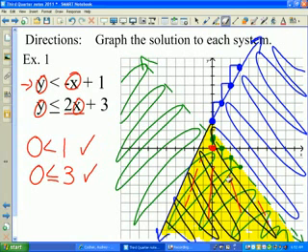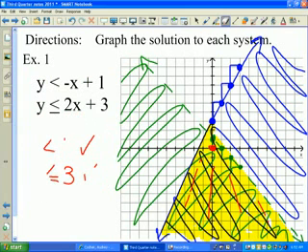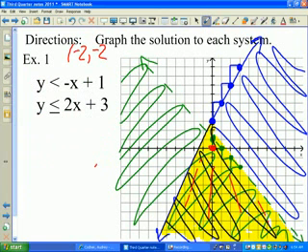Now, if you don't believe me, let's use another point. Let's pick (-2, -2). Here's -2, there's -2, right there.